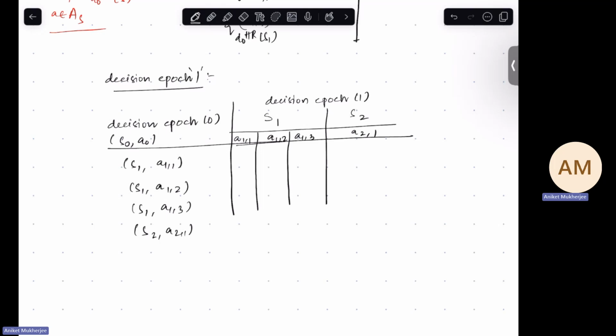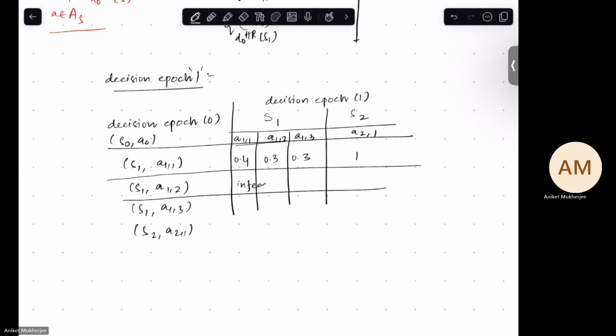So you can write up some distributions, but just make sure that for your policies, the probabilities add up to 1. But if you are in S2, you can take only one action, so it should be 1. If you're in S1, then this whole thing becomes infeasible.